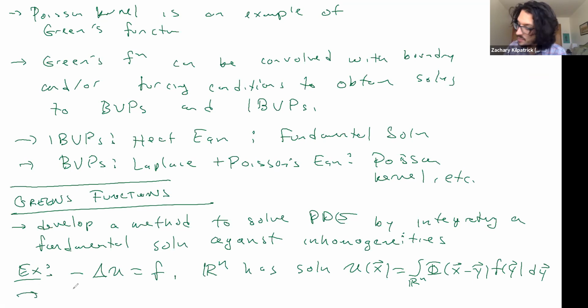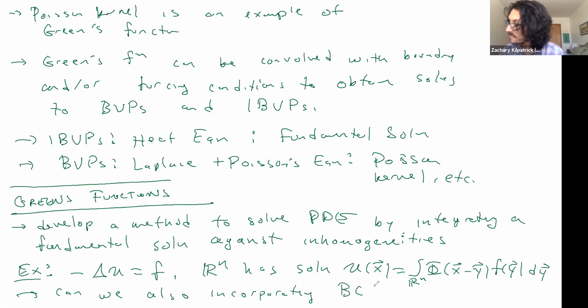But the big step in terms of making these usable Green's functions is incorporating boundary conditions. Can we also incorporate boundary conditions? So let's say I poke holes in my domain. I cut the domain off.